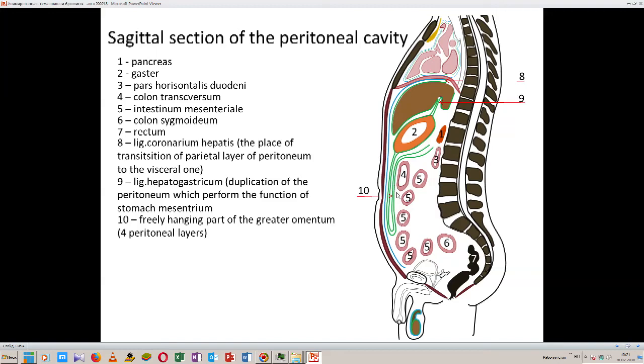Do you understand why? Because two of them were hanging freely, being directed downward, and then two of them were directed upward, and together there are four layers.